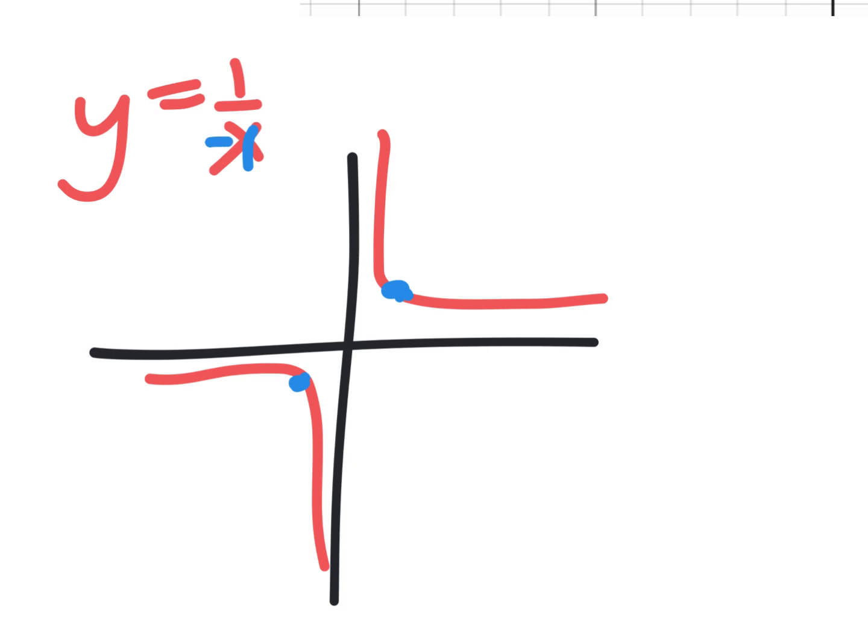But it just gets closer and closer to the asymptotes, which are here and here. That's what this parent graph looks like. It's got 2 parts to it. It's the only graph you've ever been taught that's got 2 distinct parts to it. It's the only graph you've ever been taught where it's got asymptotes.